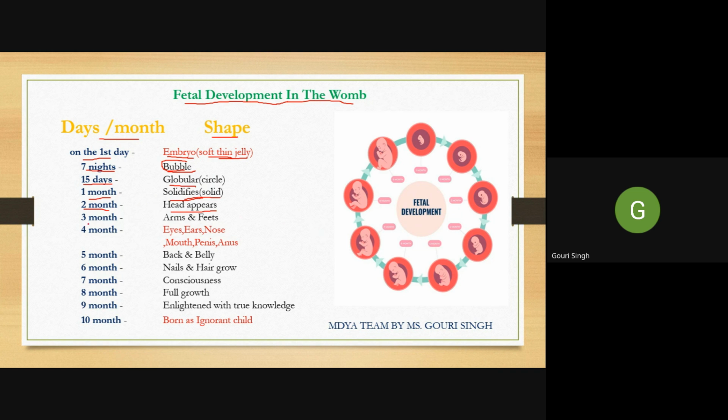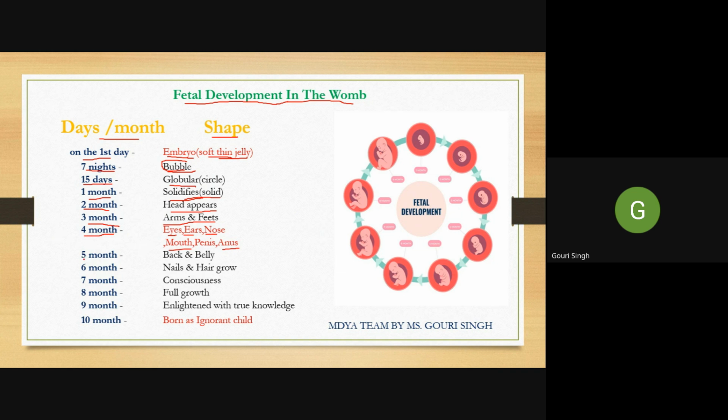When 3 months occur, what happens? The arms and feet appear in the baby. After 4 months, the eyes, ears, nose, penis, mouth and anus are developed, one by one automatically.